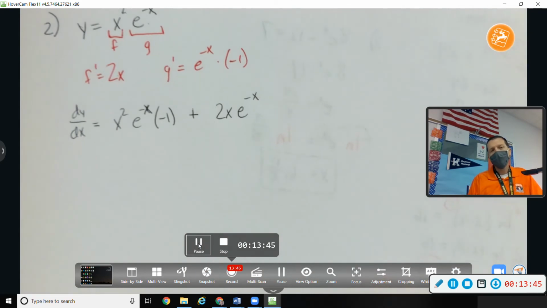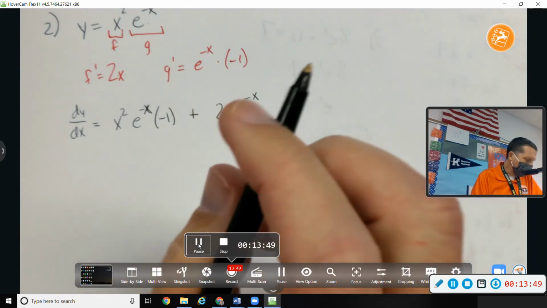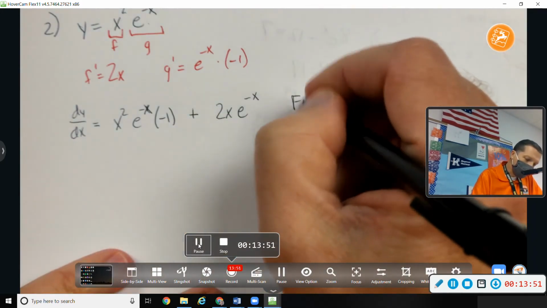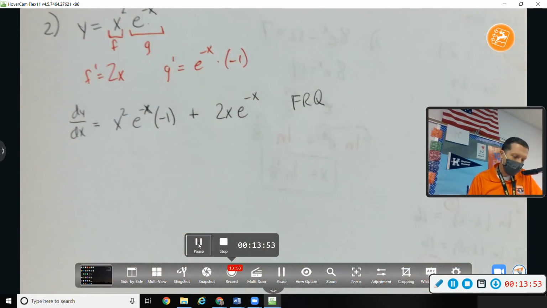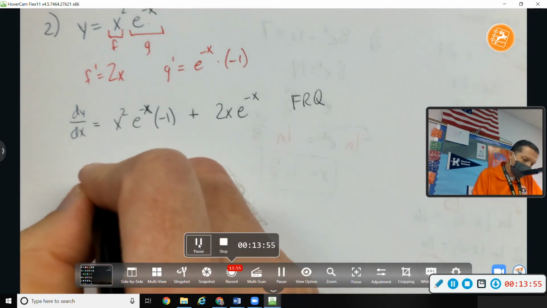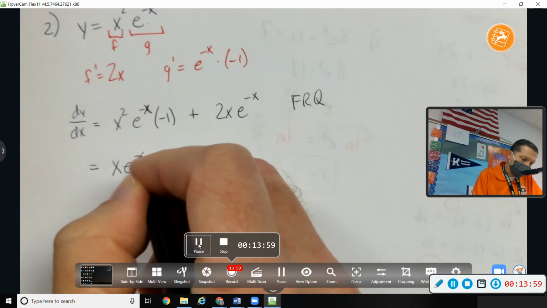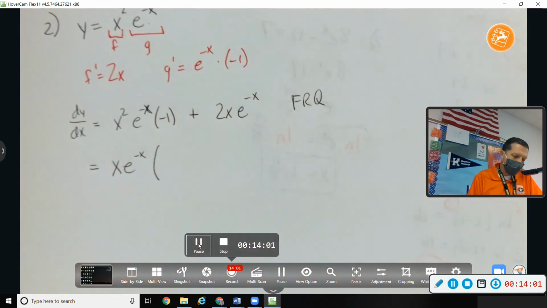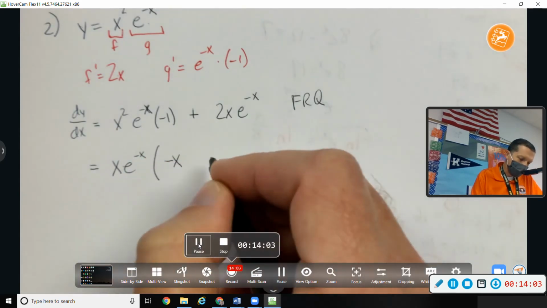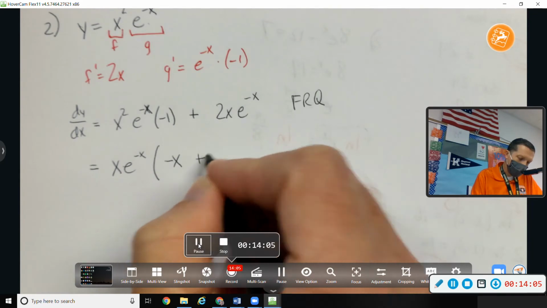That's a perfectly good safe stop, but you know that CalcChat and multiple choice, back of the book, they're going to get creative, and they'd probably take out an x and an e to the negative x. And that would leave negative x plus 2.